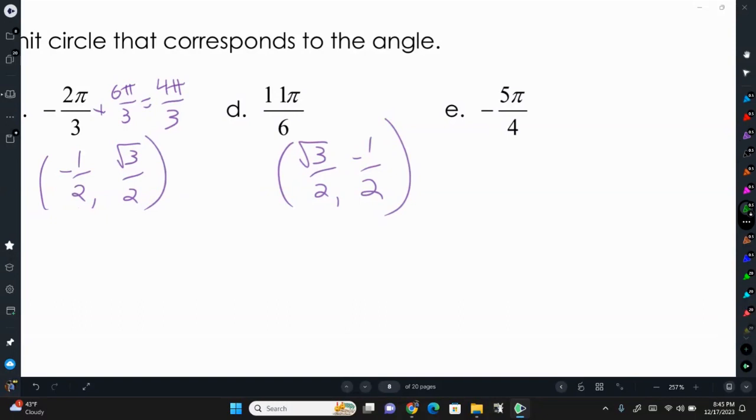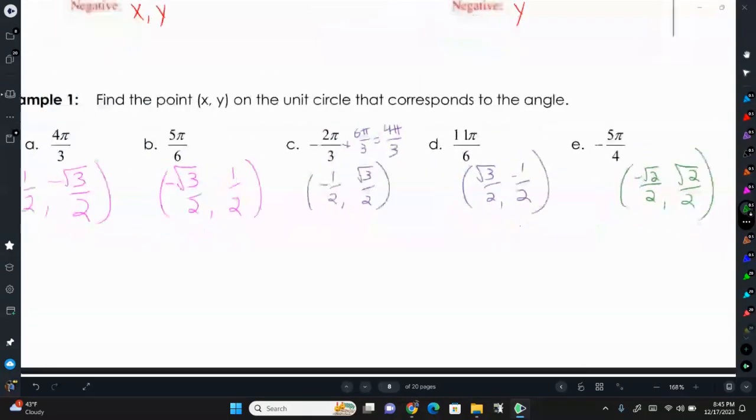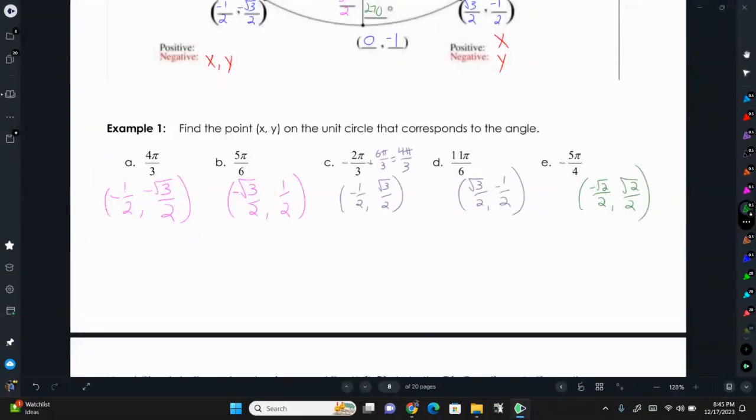I know that the coordinates of 3 pi over 4 are the negative square root of 2 over 2, comma, the square root of 2 over 2. So you did do some of this last year, and it should be coming back now. And the more we do it this year, the more you'll be comfortable and memorize what we're doing.